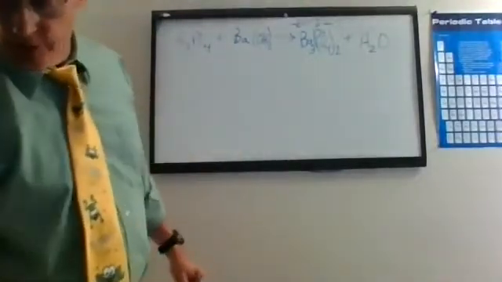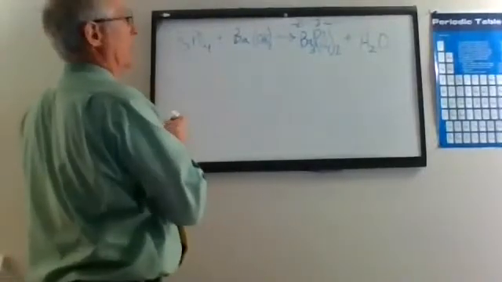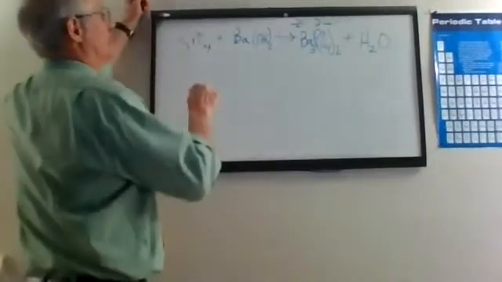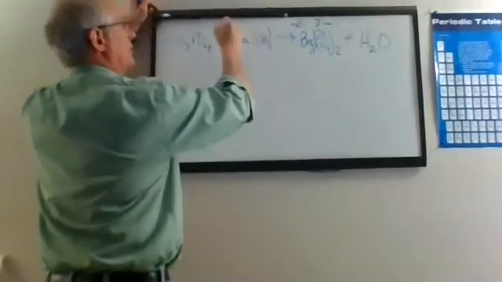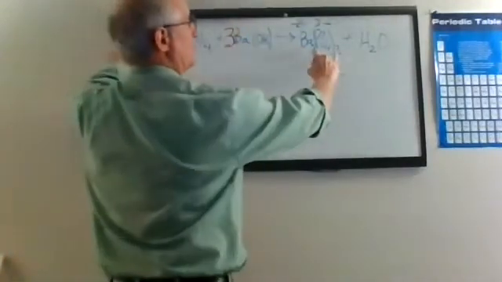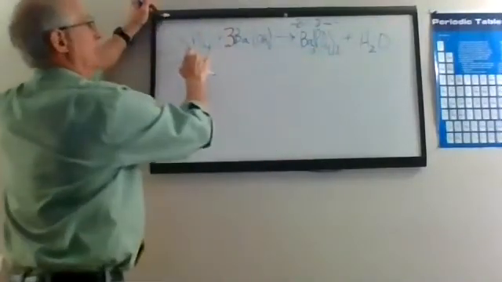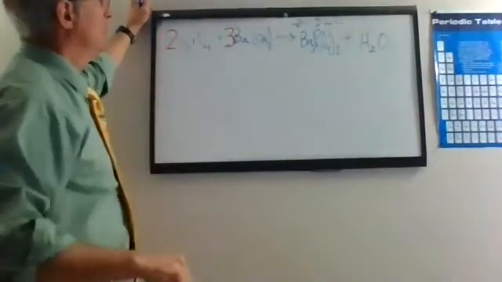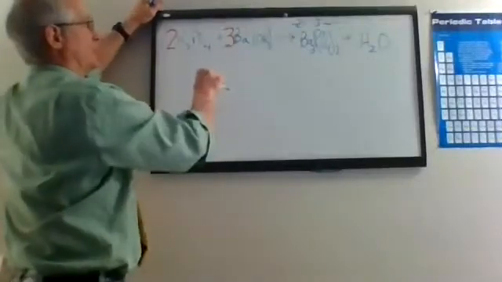Let's balance it. We're going to do oxygens last. We'll do hydrogens next to last. So let's do barium to begin with. 1 barium, 3 bariums. Phosphorus next. We got 2 phosphoruses there, and we got 1 here. Now let's take the hydrogens. We always do oxygen last.